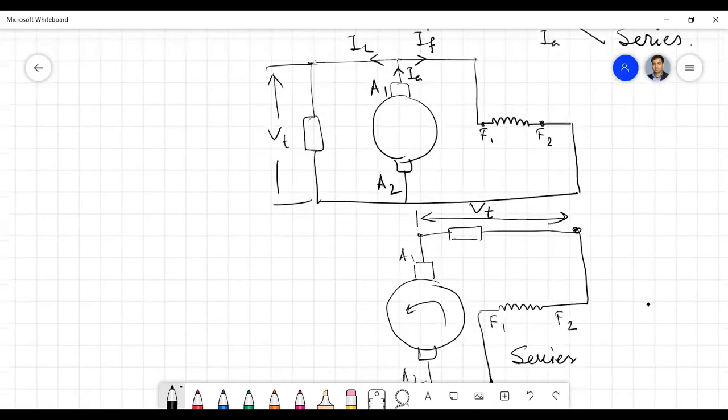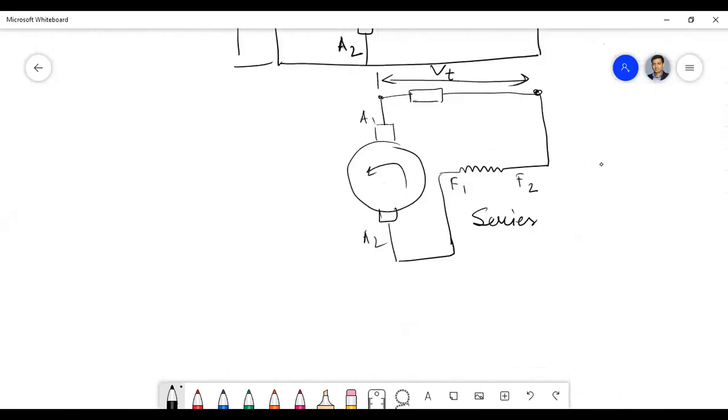And in some machine, we have two field coils, and there we have 6 terminals. So 2 terminals already there for armature, 2 terminals already there for shunt field, and 2 terminals are for series field.